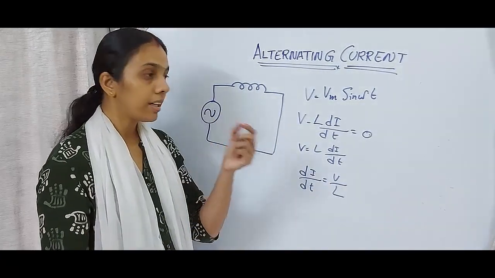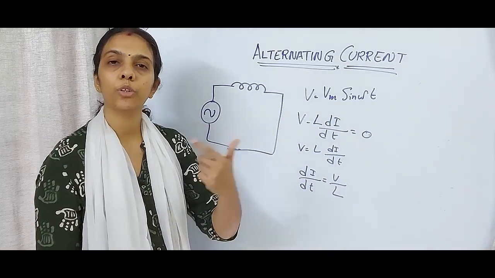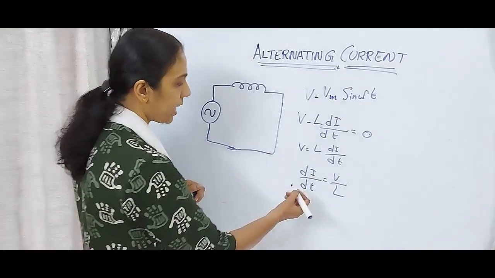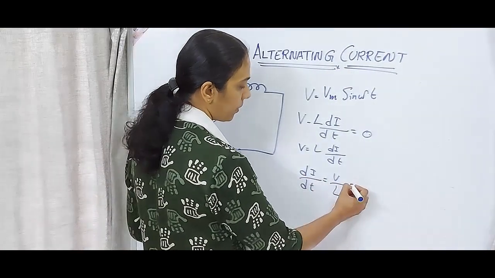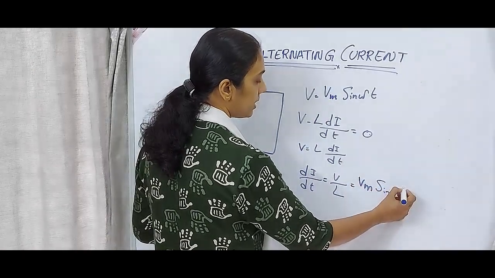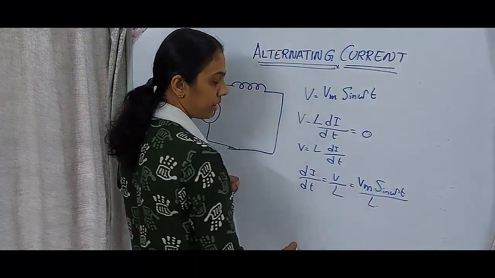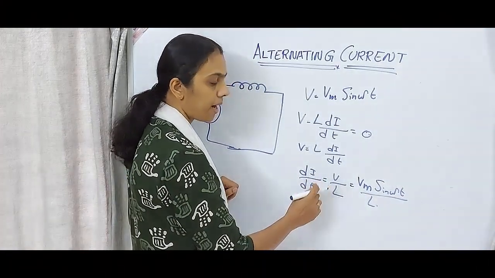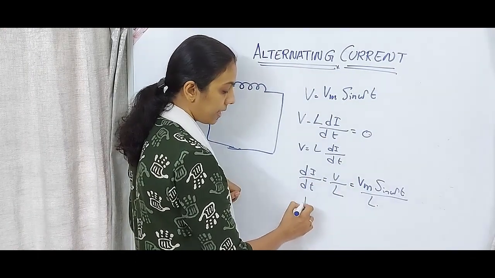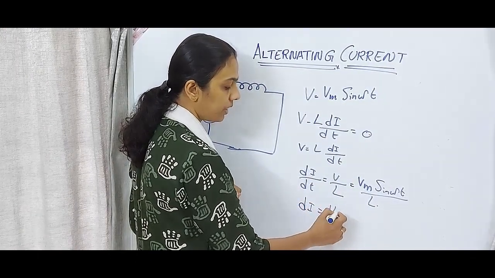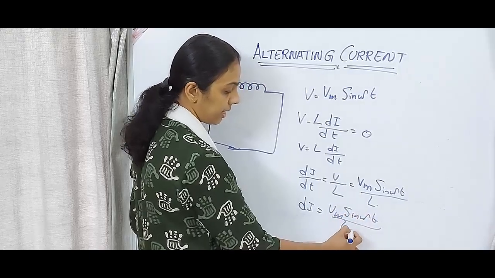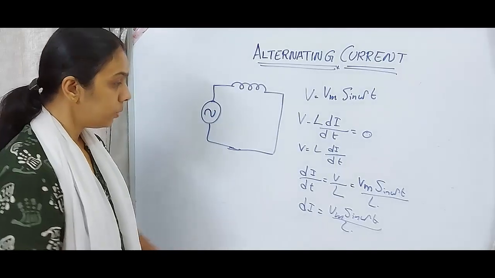Now we need to find the rate of change of current, and from it the current flowing through the circuit. Di by dt equals V by L, or instead of V we can write Vm sin omega t divided by L. Cross multiplying, di equals Vm sin omega t divided by L into dt.